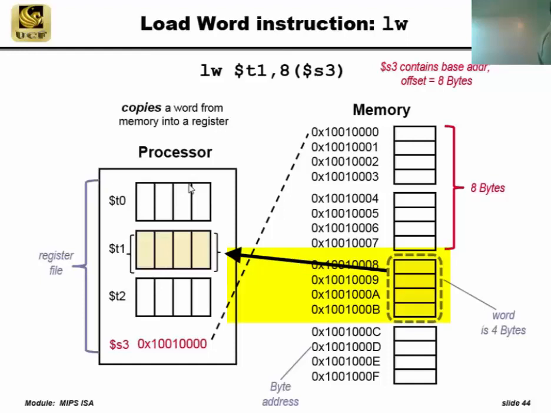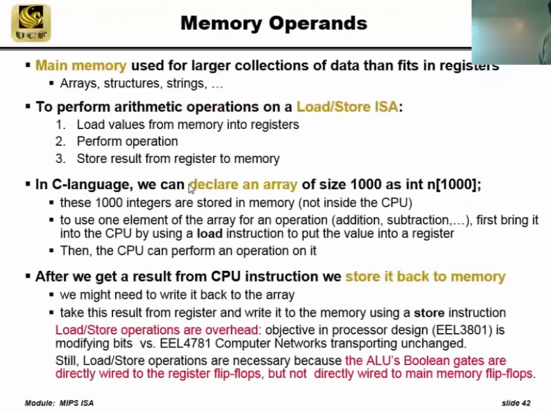How many bytes are transferred? 4. Here we see those 4 bytes. That's one word. Why was one word transferred? Because we use LW rather than LB. LW is load word. LB is load byte. Good question: when would you want to use one versus the other? Well, if we want to access an integer, an integer is always stored as a word, 32 bits.